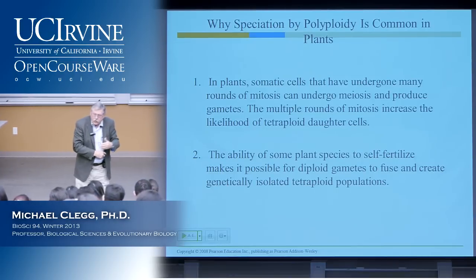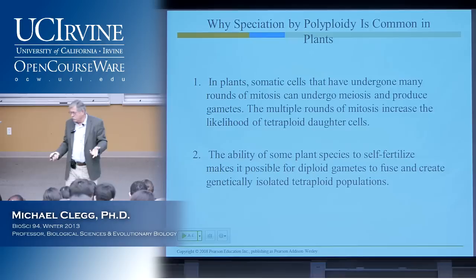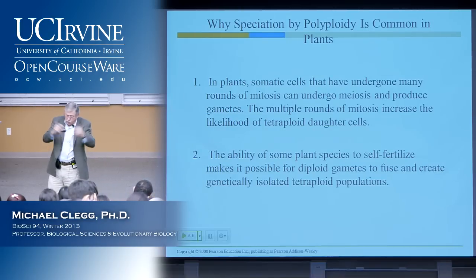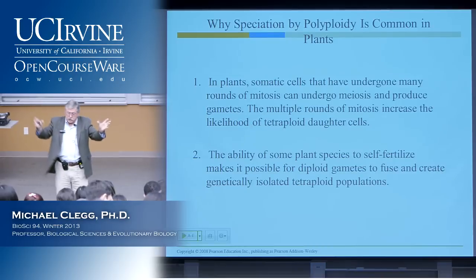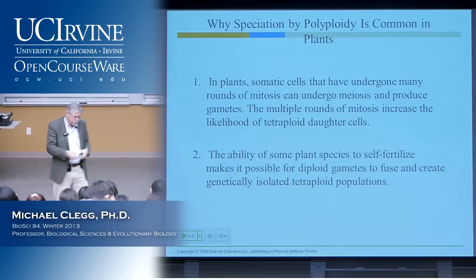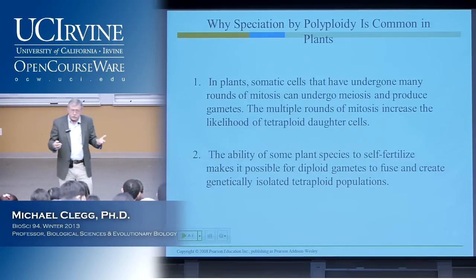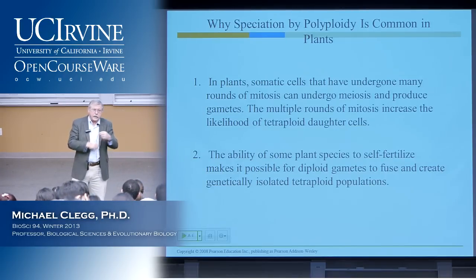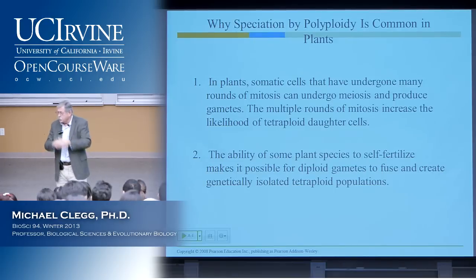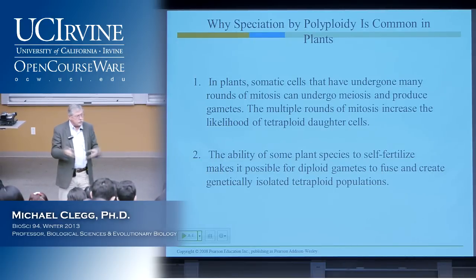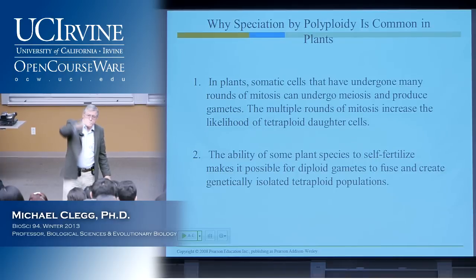But this is after a long series of mitotic divisions in the meristematic tissue, and then more mitotic divisions as it differentiates into, let's say, a reproductive structure. Well, if somewhere in that process during mitosis there was an error that led to a doubling of the chromosome number because there wasn't an appropriate segregation of chromosomes to the 2 poles, then you have potentially a whole clone of tissue which are tetraploid.